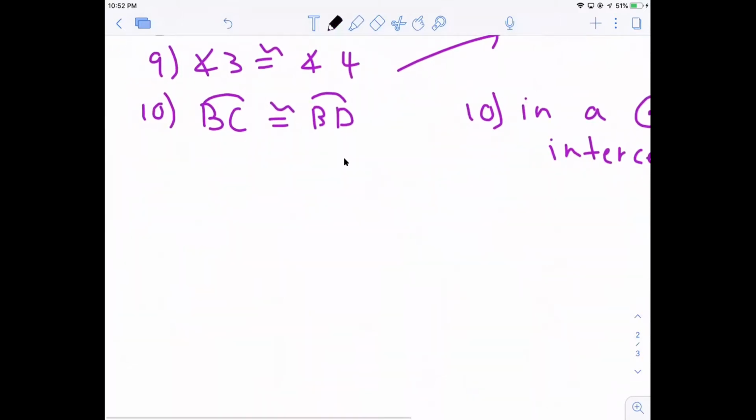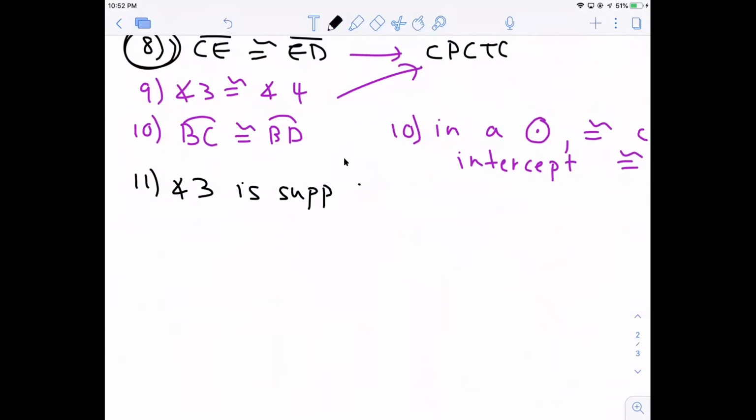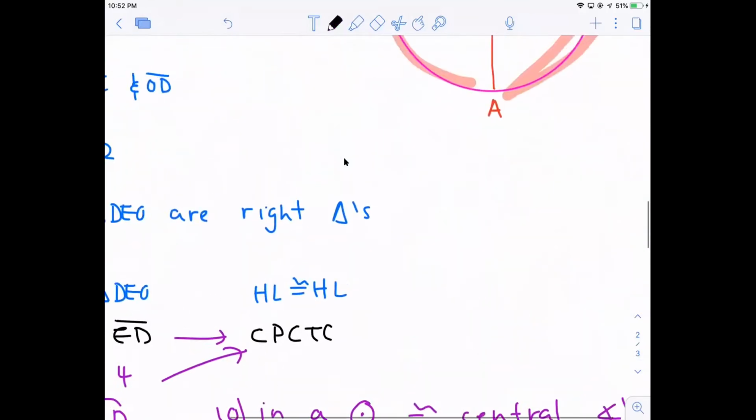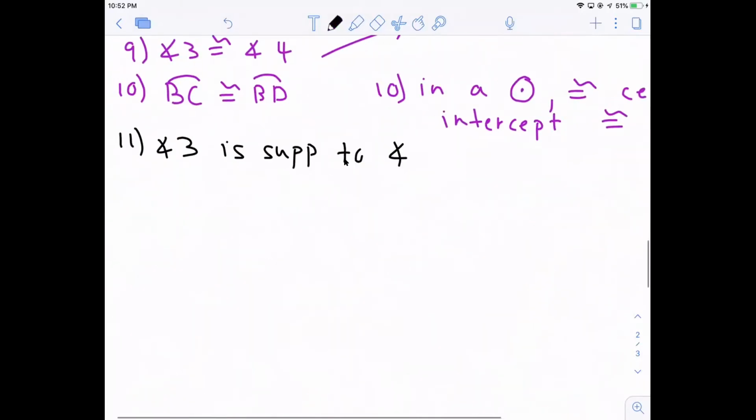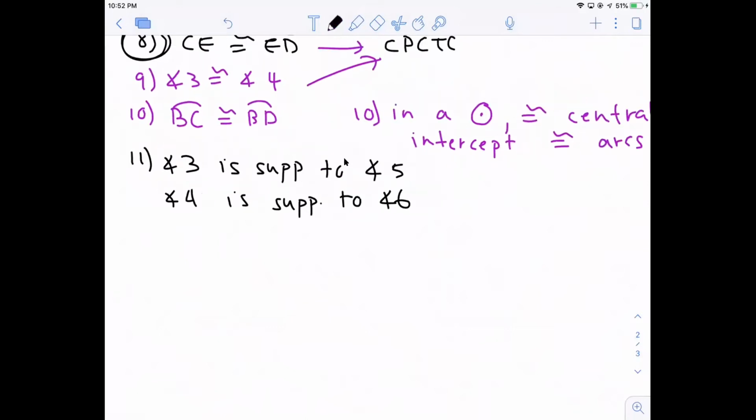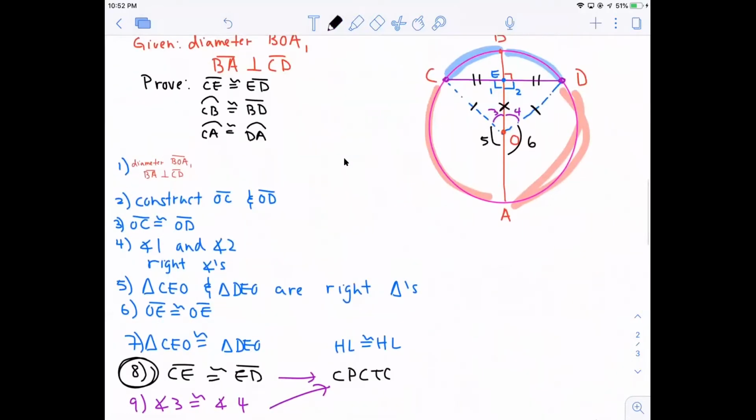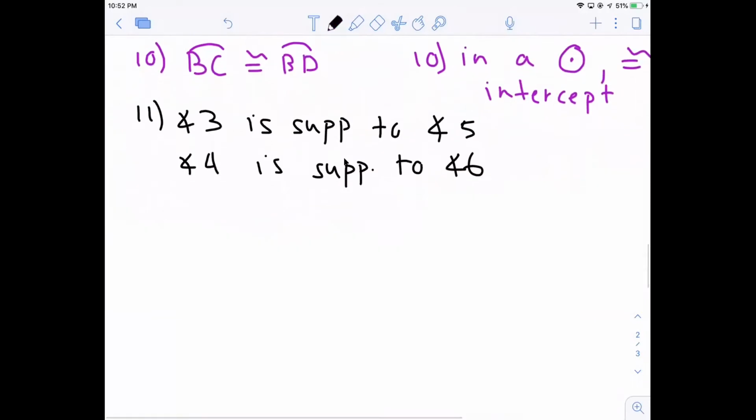Well, I'm going to do something we haven't done in a while, which is angle 3 is supplementary to angle 5, and angle 4 is supplementary to angle 6. Right? And we can say angles that form a linear pair are supplementary for that reasoning.